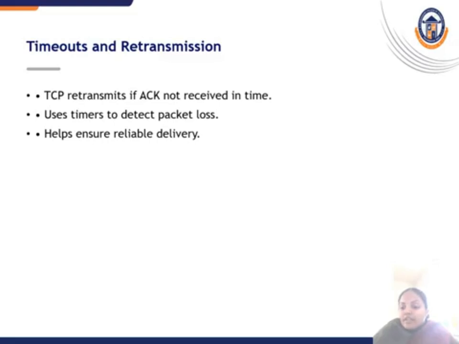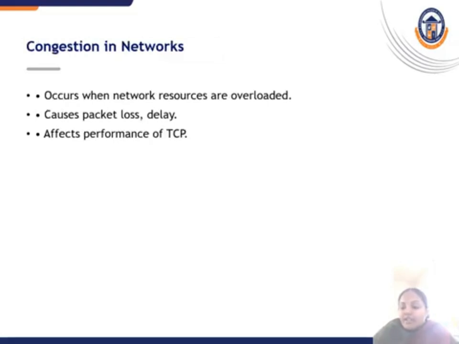For each acknowledgement received, the congestion window increases by 1, so the amount of data in flight doubles each round trip time, that is RTT. This continues until a loss occurs or it reaches a threshold called the slow start threshold. If packet loss is detected, TCP assumes the network is congested.